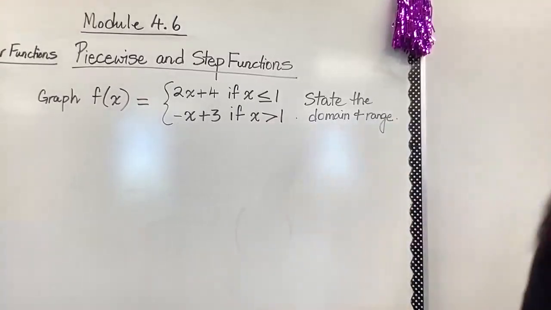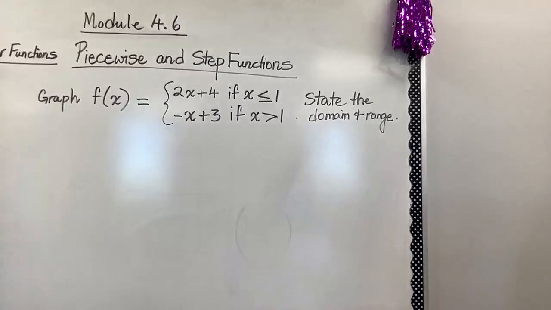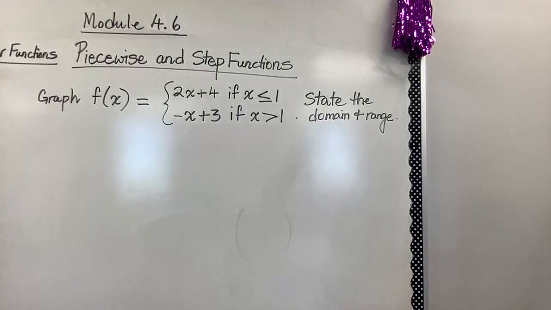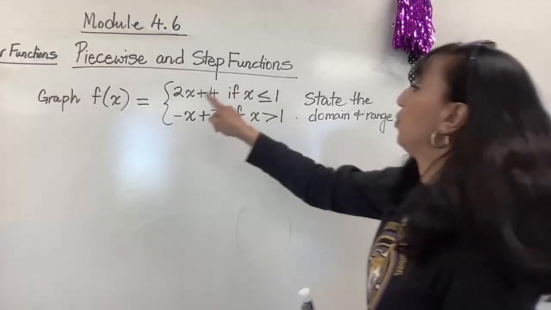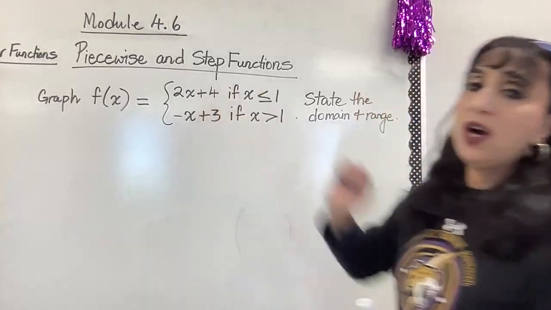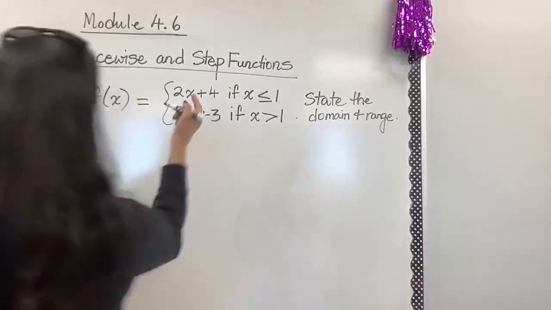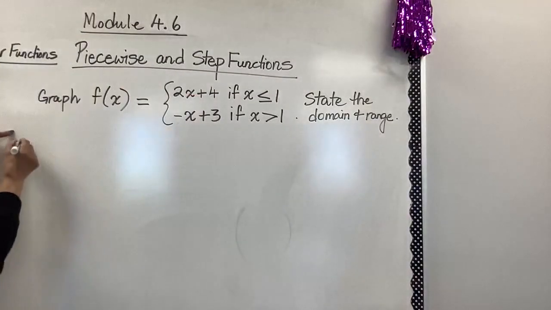So let's go ahead and look at the top one. What does this say? It says f of x is equal to 2x plus 4 if x is less than or equal to 1. So I'm going to create one table for the top one, which is f of x.